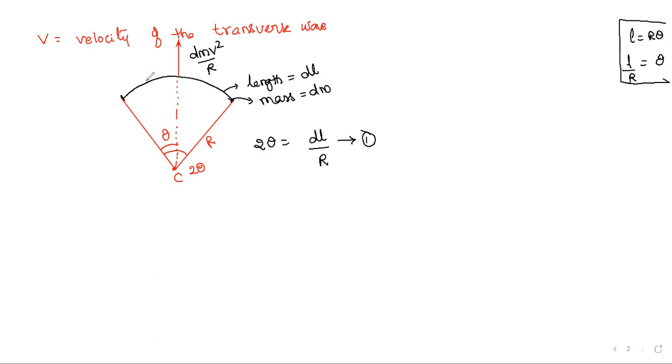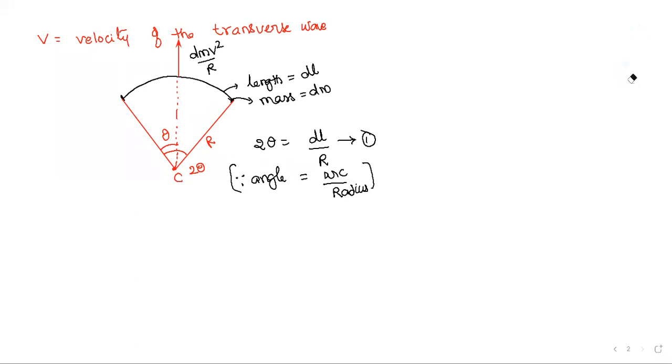The total angle is 2 theta, and the length of the arc is dl, radius r. So now you understood, or do you have any doubt, Mr. Sharma? Yes, very good.